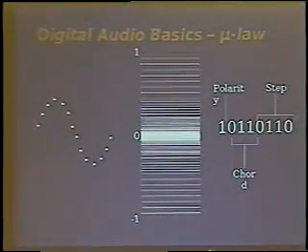It's 64 kilobits per second. It's a logarithmic scale, so more resolution is given to the lower amplitudes where most of the voice frequency is, in order to give you the impression of 16-bit audio. What actually happens is it's only 8-bit audio, but it sounds far closer to 16 because of the companding.